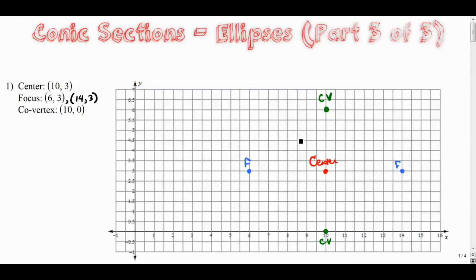To get that, all we really need to do is think about what it means to be the distance between a focus and a center. Well, that is letter C. Remember, we have a nice relationship here if you're following along: C squared equals A squared minus B squared. And this distance from a co-vertex to the center is given by lowercase b.